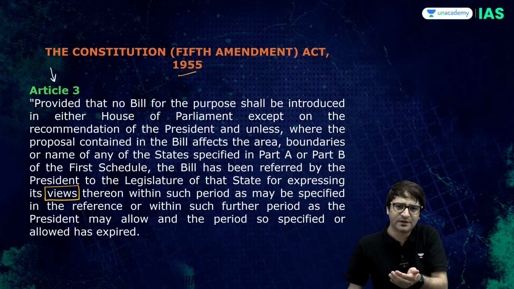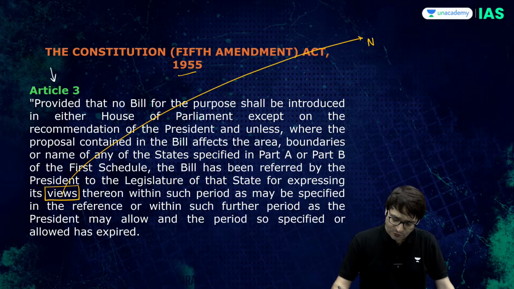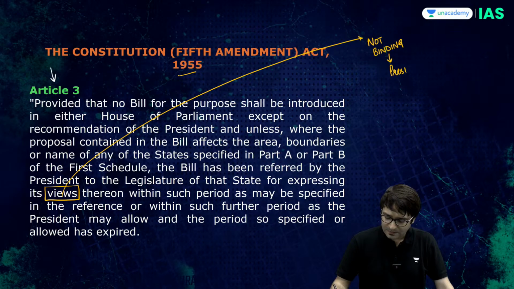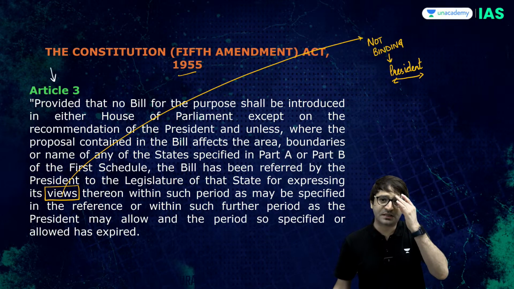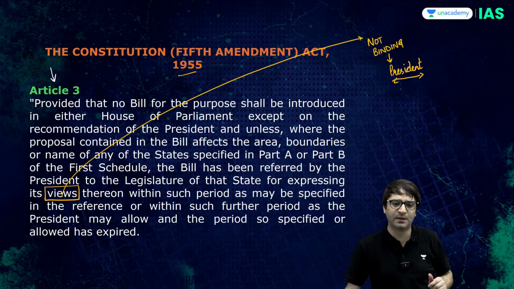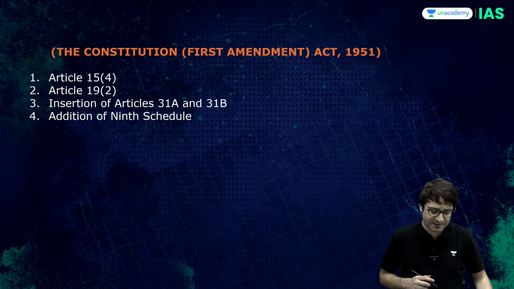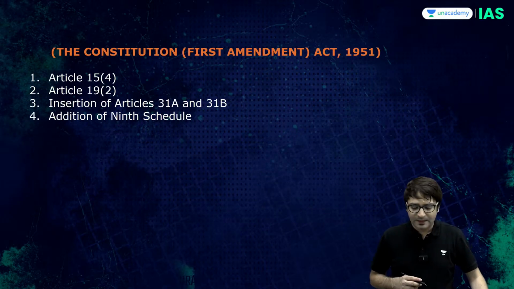Once those views are received, although those views are not binding on the President, the President can give his permission, the bill is introduced, and once the bill is passed by both houses of the Parliament by simple majority, then the matter is settled. The bill is passed and sent to the President for signature. That was the 5th Constitutional Amendment Act 1955.